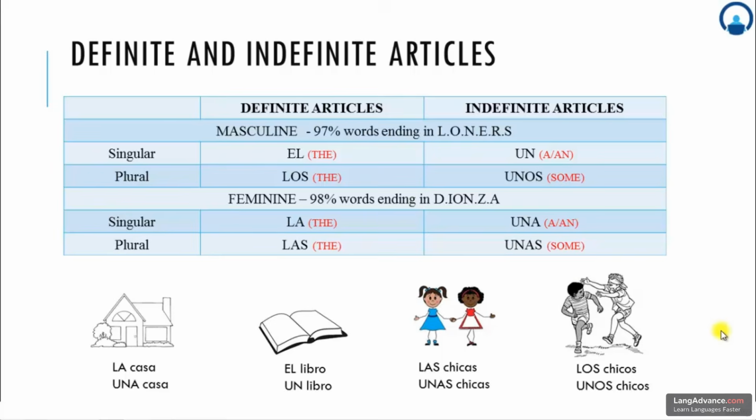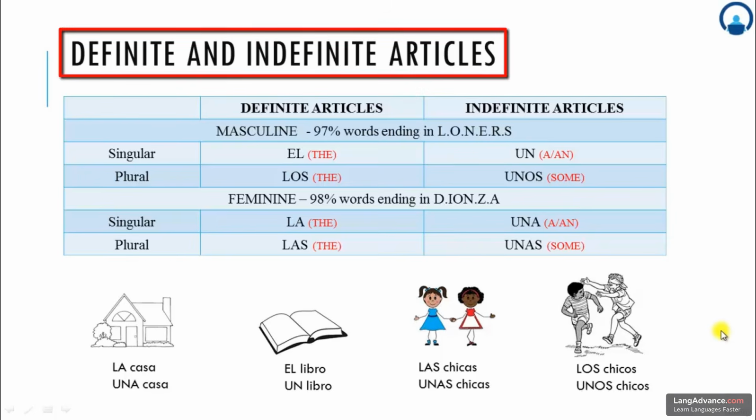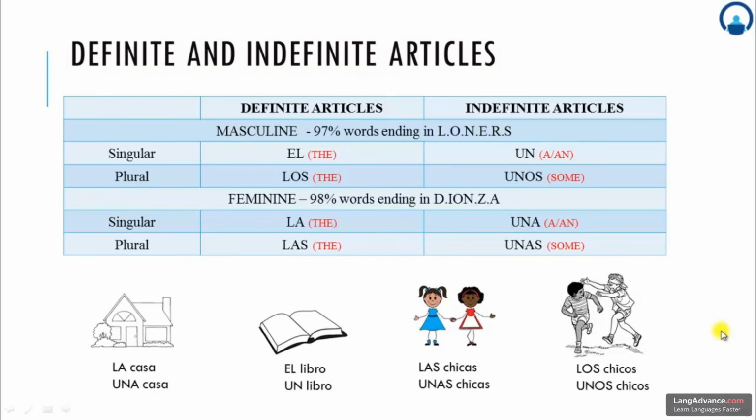Here we are going to learn something new that will be called definite and indefinite articles. Definite articles denote the, both in the singular and plural, whereas indefinite articles denote a or an for singular and some for plural.